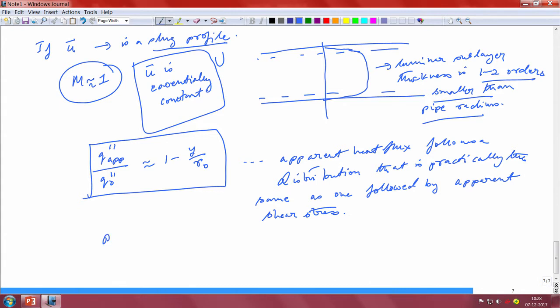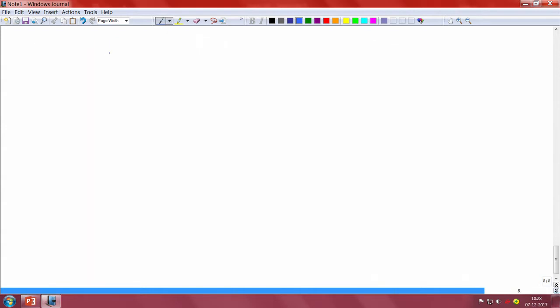So, recognizing the definitions of q apparent double prime and tau apparent, that yields (gamma plus epsilon m) divided by tau naught, du bar, equal to Cp (alpha plus epsilon h) divided by minus q naught double prime, dt bar.